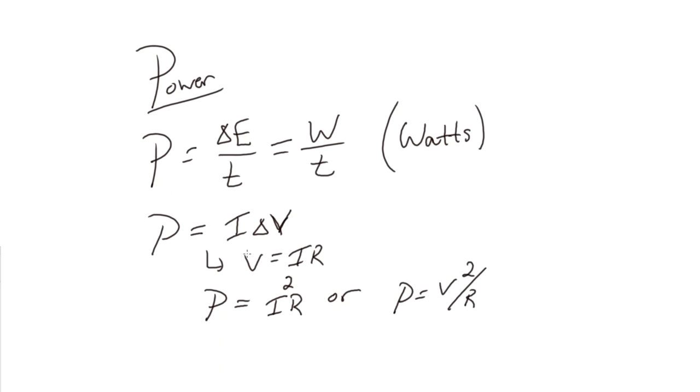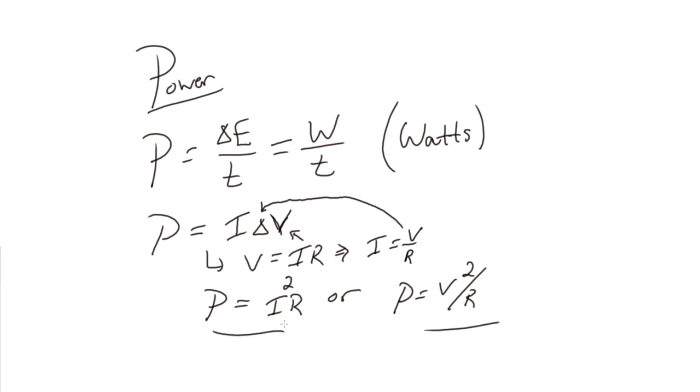Well, we could say voltage equals IR and plug that right in there. Or I can say that current equals voltage over resistance, and plug this in for I, and that would get you to either one of these derivatives right here.